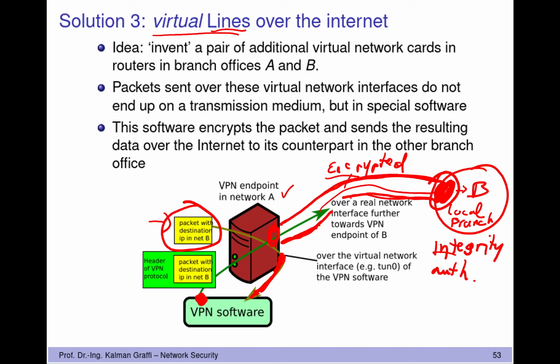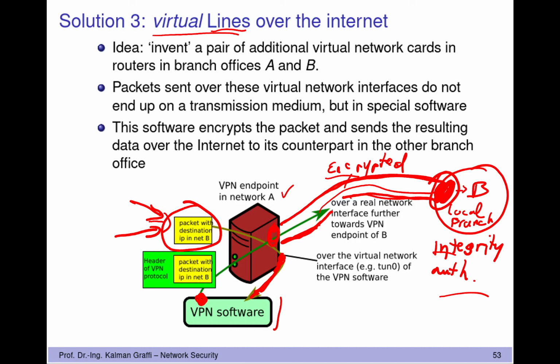And the question will be, what is the task of the VPN software? How do we achieve these nice security properties so that all traffic is encrypted, authenticated, integrity-protected? And then the benefit is that any kind of application sending packets doesn't have to deal with it. So how to make it all secure?